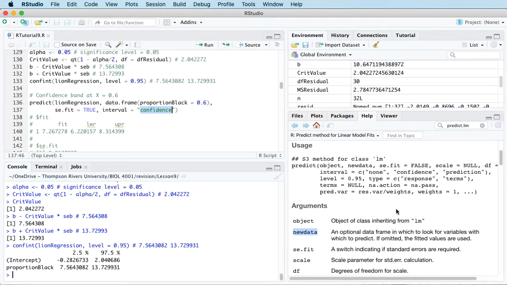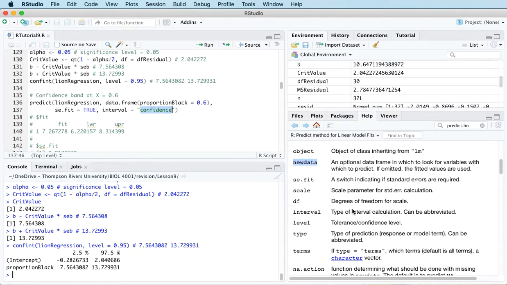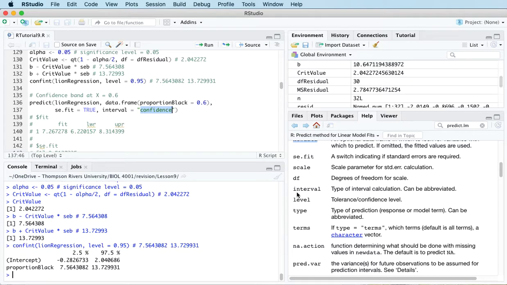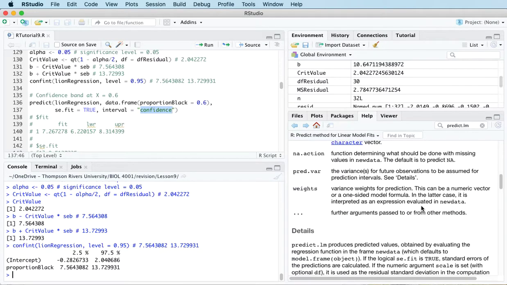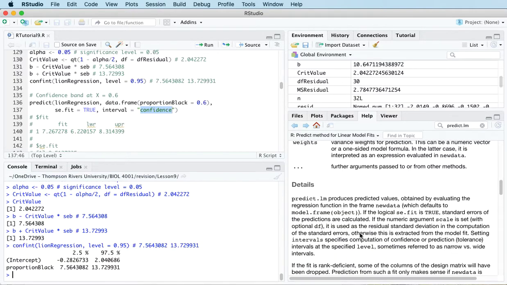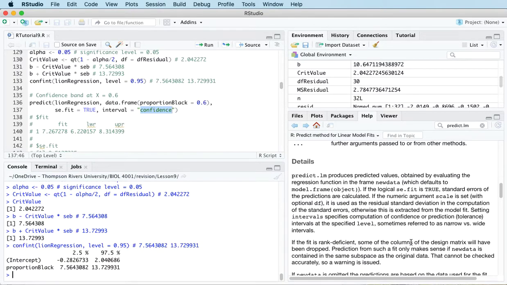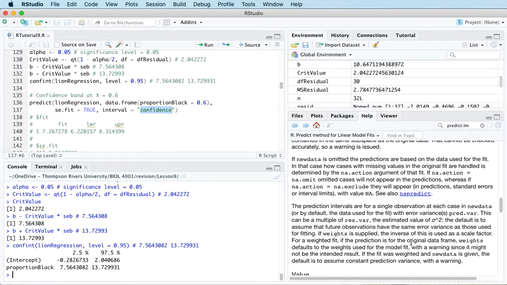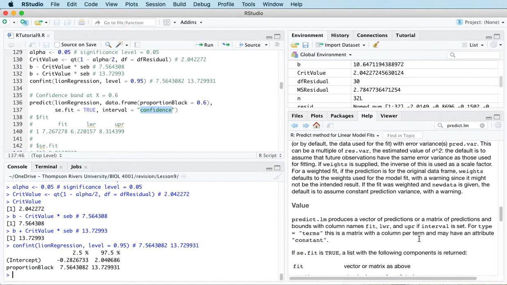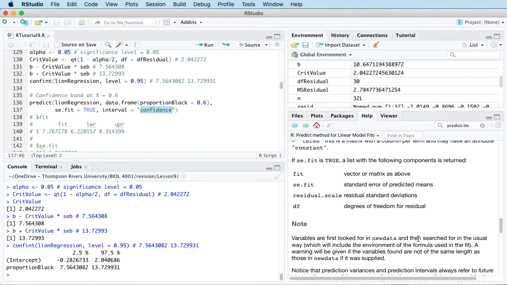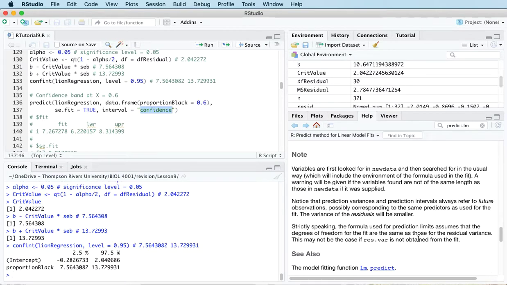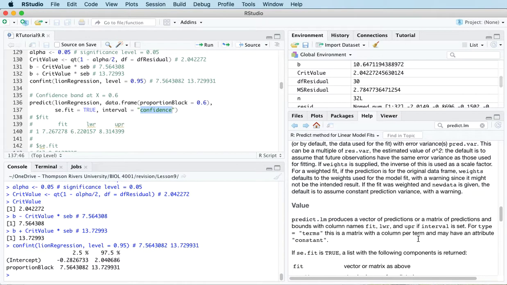We can take a look here and see all the different arguments. So here it talks about the interval, the type of interval calculation, and down here in the details it's going to tell us what to set that argument to for the different types of interval that we can calculate.